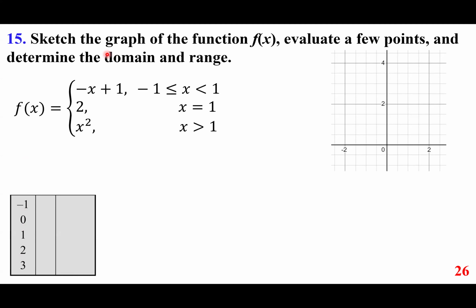So to understand this, this is a piecewise defined function that has 1, 2, 3 pieces. In essence, the top piece is the line y equals -x plus 1. The second piece is just a pair, with x coordinate being 1. So right here, x coordinate being 1, the y is 2.